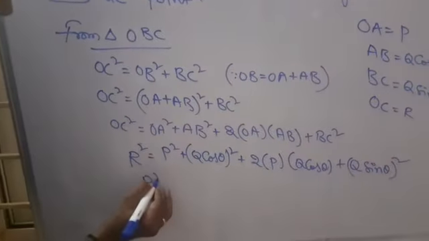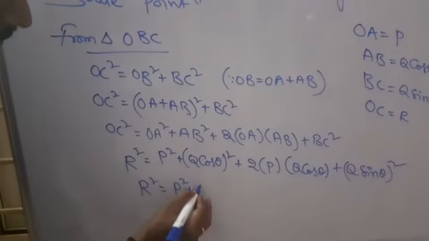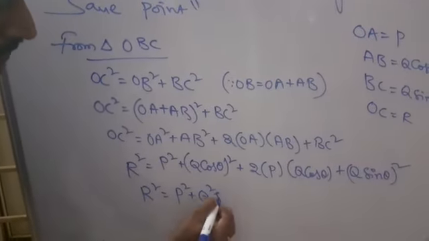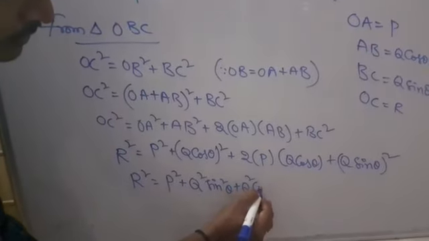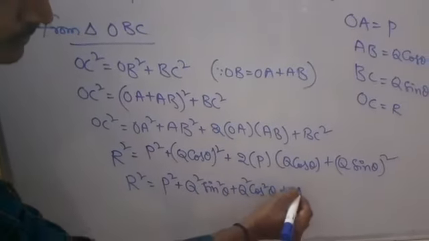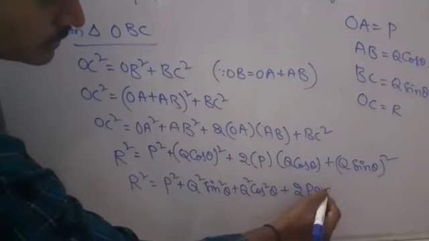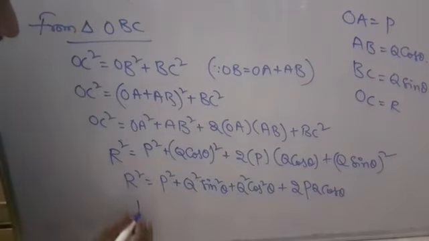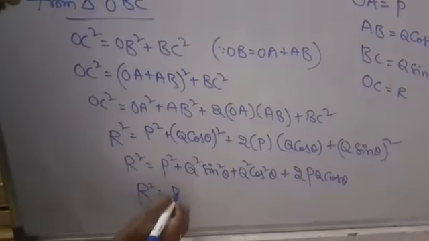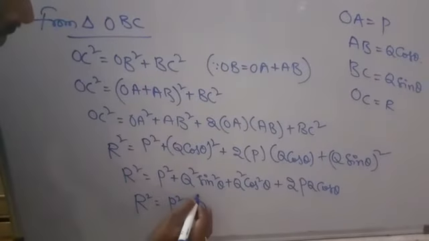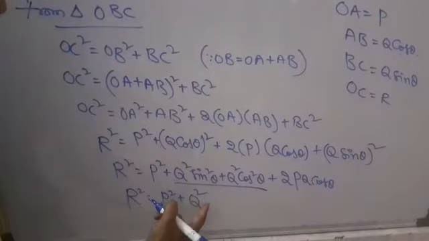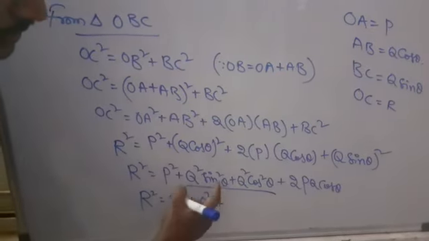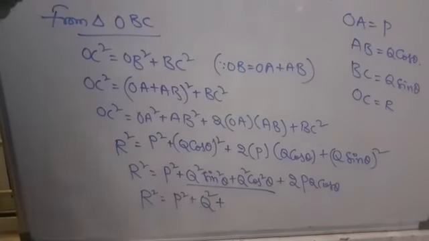So R square is equal to P square plus Q square sin square theta plus Q square cos square theta plus 2PQ cos theta. Taking Q square common, sin square theta plus cos square theta is 1.